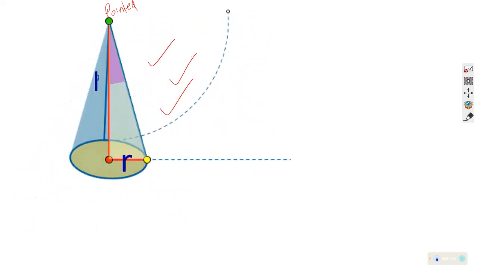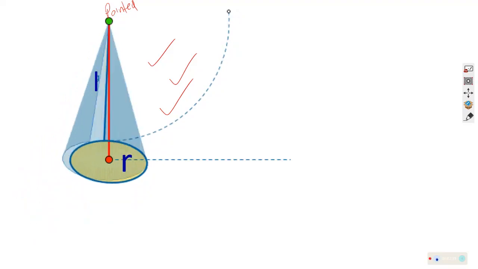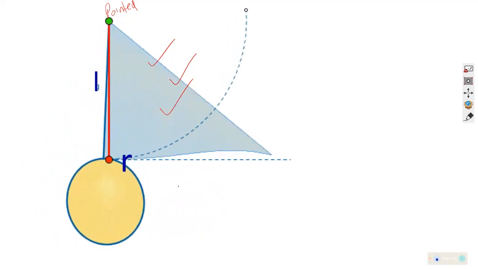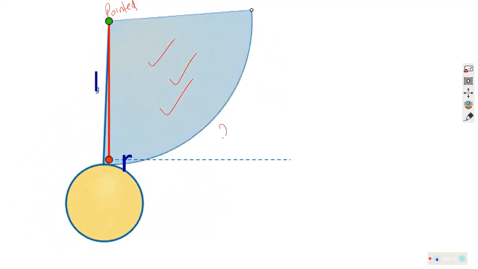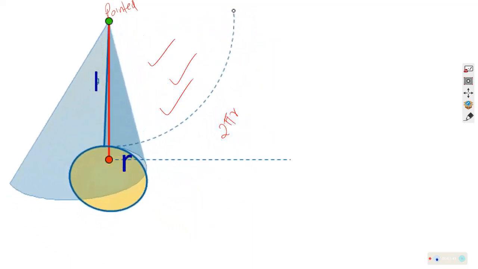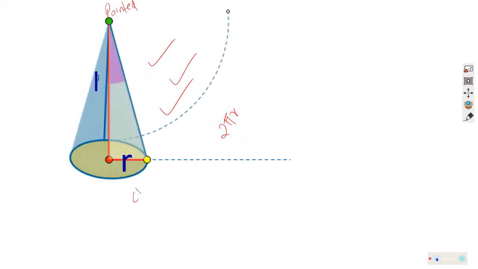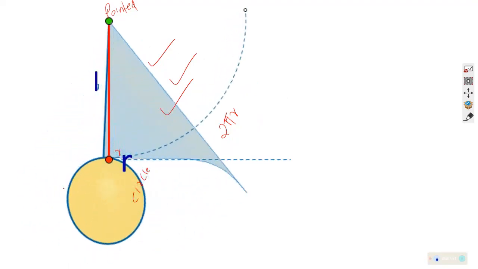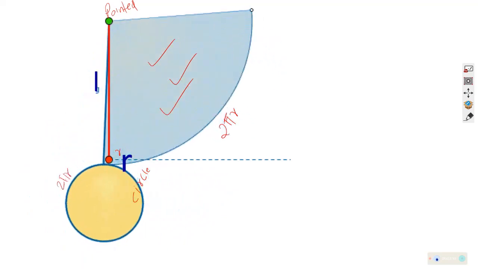We know this is the radius, and the spread over here, the curved surface created from this, is equal to 2 pi r. 2 pi r is the circumference of a circle. This is the circle and this is the radius. Let us look at the motion once again. This 2 pi r, the circumference of the circle, is spread over here.